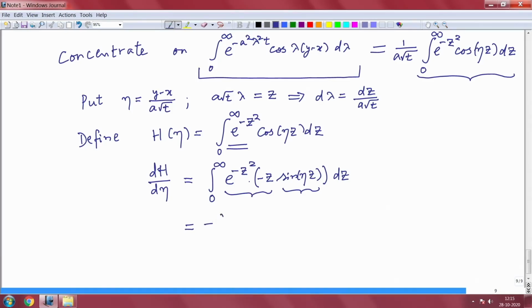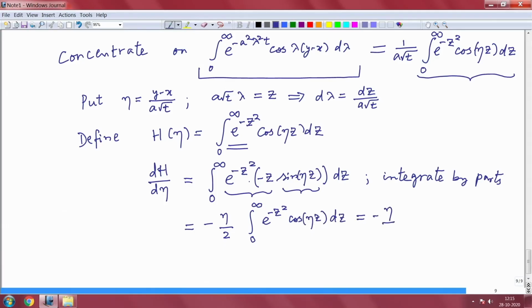So you get minus eta by 2 times the integral from 0 to infinity, after integrating by parts. And that is precisely h of eta.